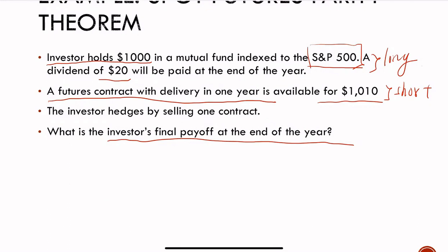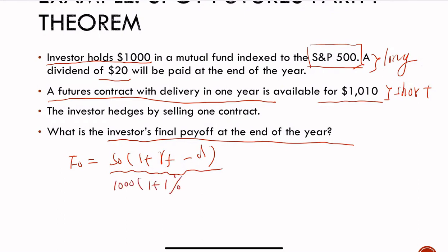So we now could verify whether F0 equals S0 times (1 plus RF minus D) actually works. So let's see what is the value of the right hand side, right? So the right hand side is the stock price times (1 plus 1% minus D). D is 20 divided by 1,000.